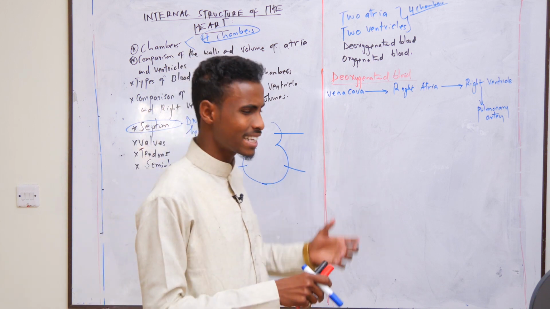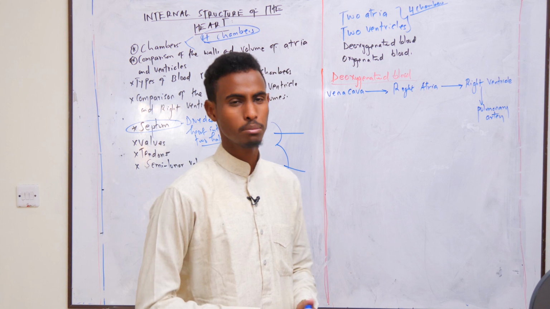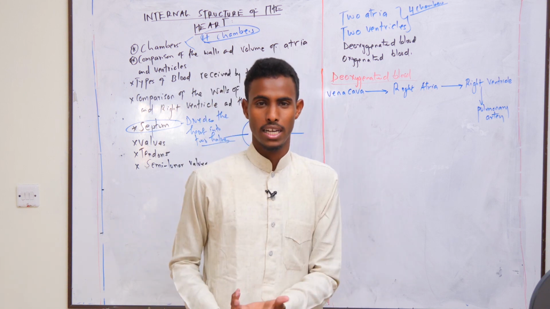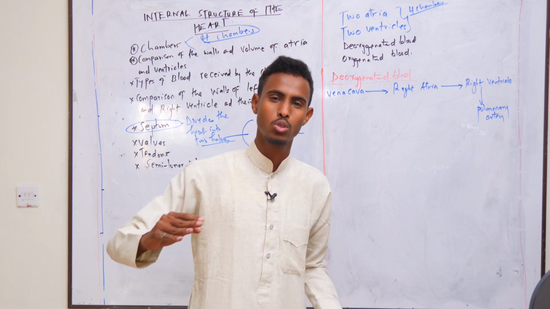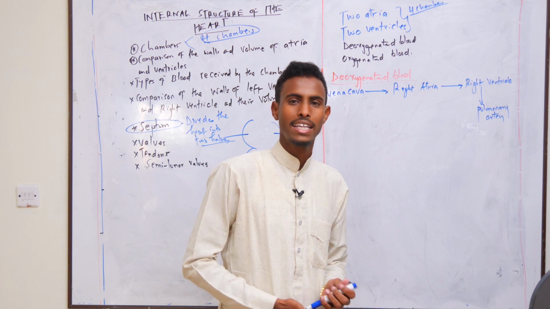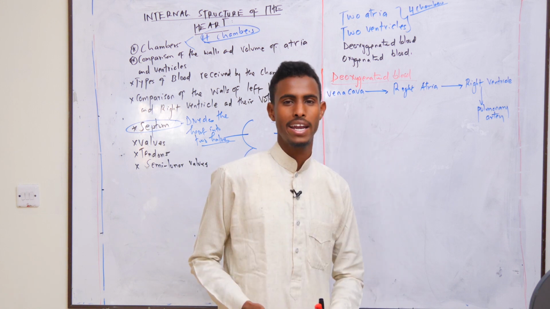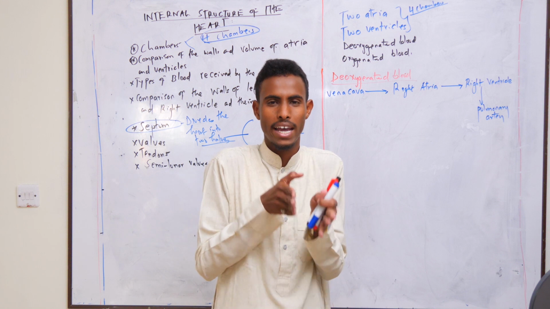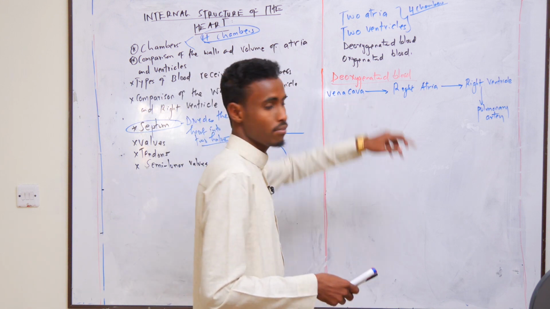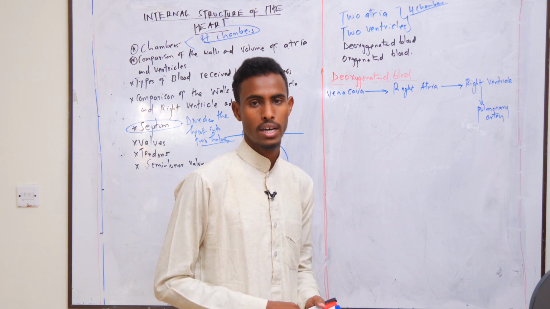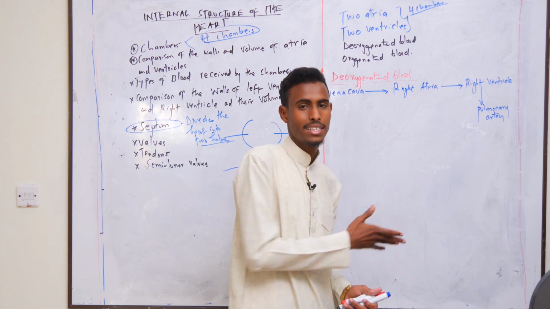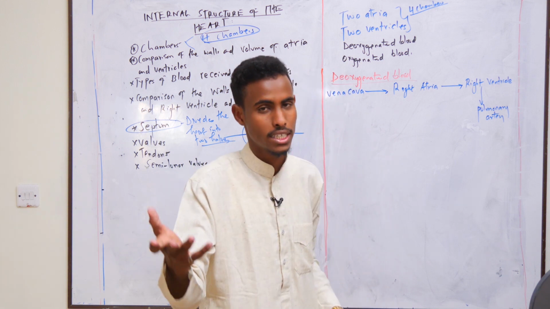Now, when this blood returns to the heart, it is deoxygenated. That means the body cells, tissues, and organs require oxygen. And therefore, as blood passes through the body tissues, cells, and organs, they absorb oxygen until the deoxygenated blood is drained back to the heart by the veins and the superior vena cava. And therefore we say the veins act as a drainage to the heart of deoxygenated blood.